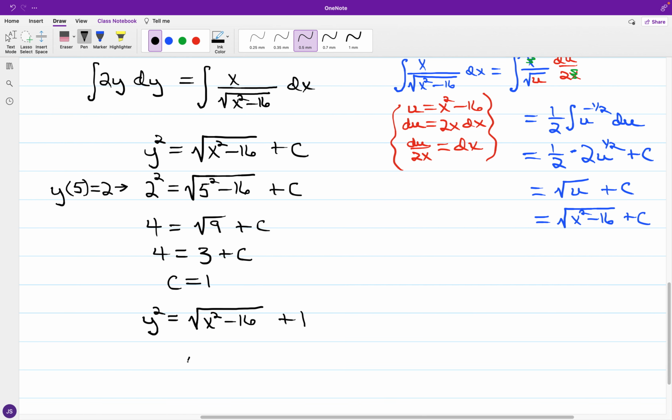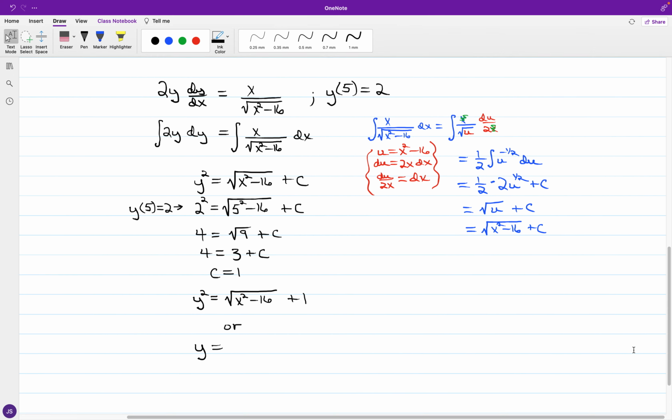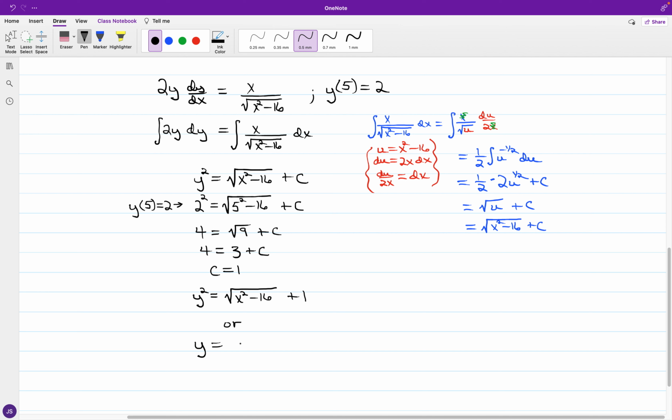Okay, but if you were to write this in any other fashion, say in terms of y, and I think the author has the result in terms of y squared, but if I had to do this in terms of the variable y in first order, you would just consider the square root property of equality, where y is equal to plus or minus the square root of x squared minus 16, followed by the addition of 1.